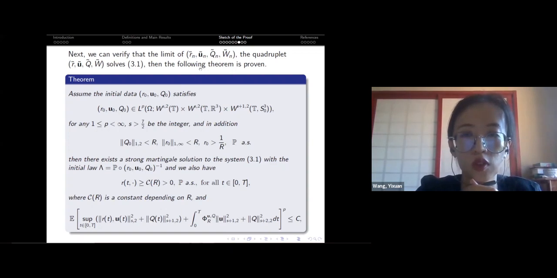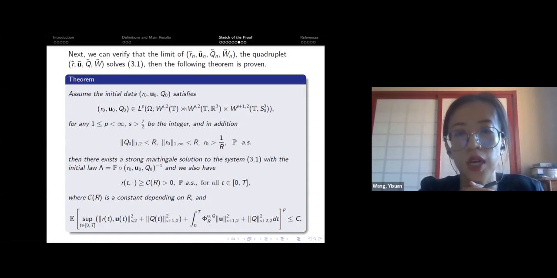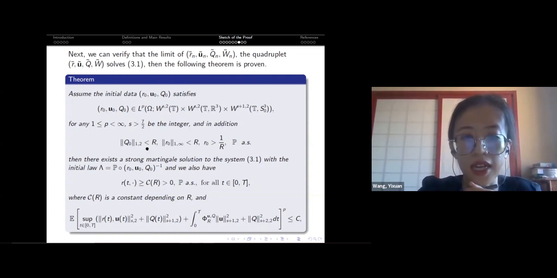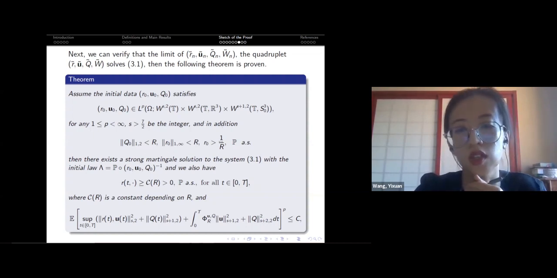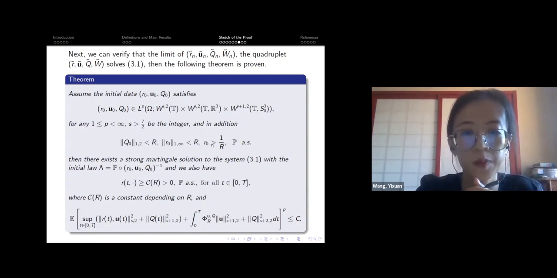That is to prove the following theorem. If R0, U0, Q0 are bounded in L^p, with U0 in the H^s and Q0 in H^(s+1), and we assume in addition that Q0 and R0 are bounded by capital R, then there exists a strong martingale solution to the system equipped with this initial law.